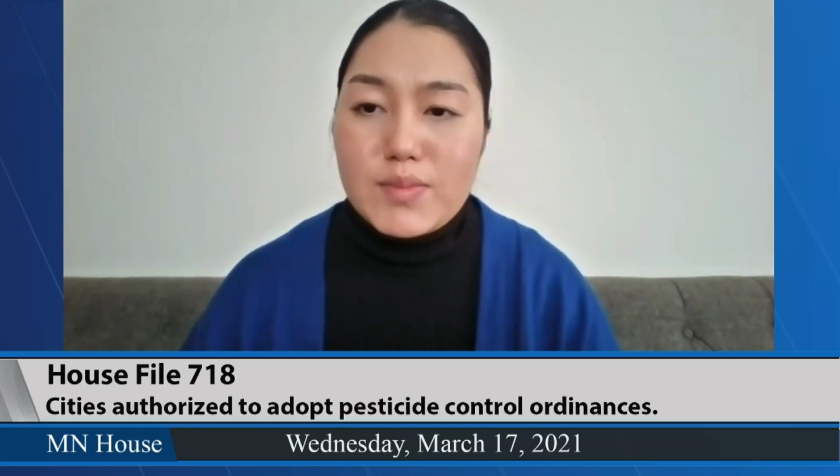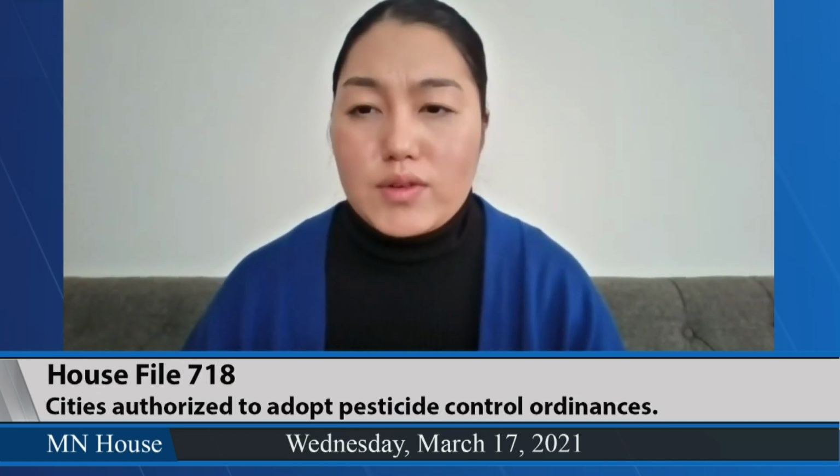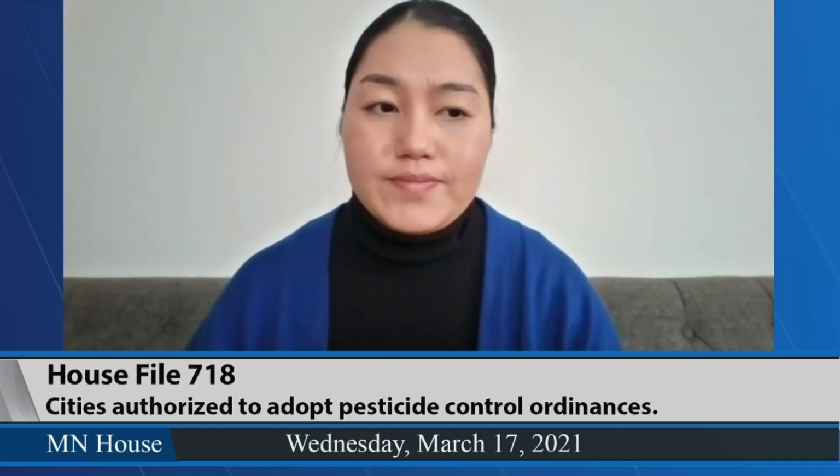Mr. Chair, this bill doesn't add any cities. It just gives permission for cities to create an ordinance on regulating pesticides. If you want to know more about cities who are interested, there has been growing interest in cities developing a more pollinator-friendly habitat, and I think that's about 44 cities out of the 853 cities.